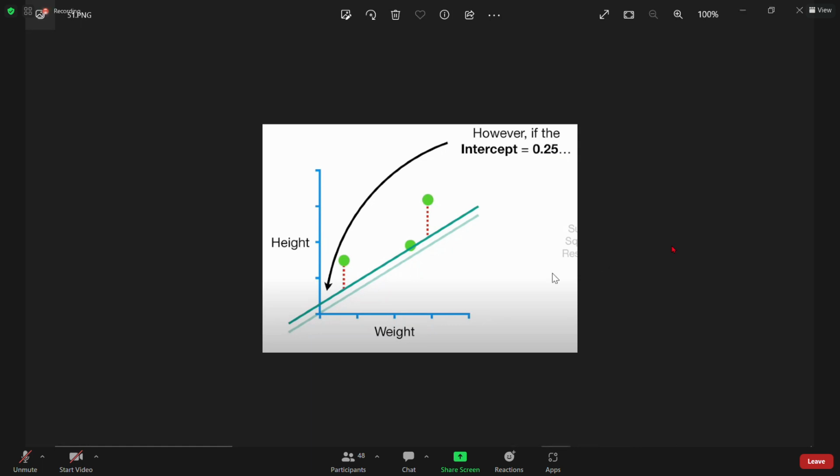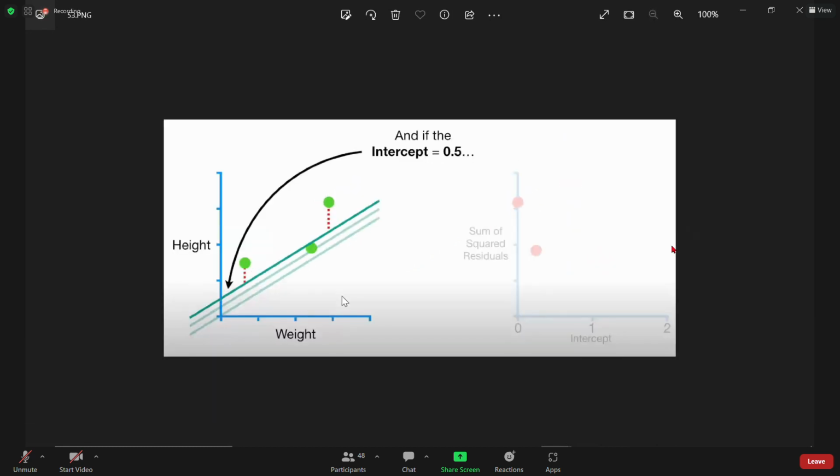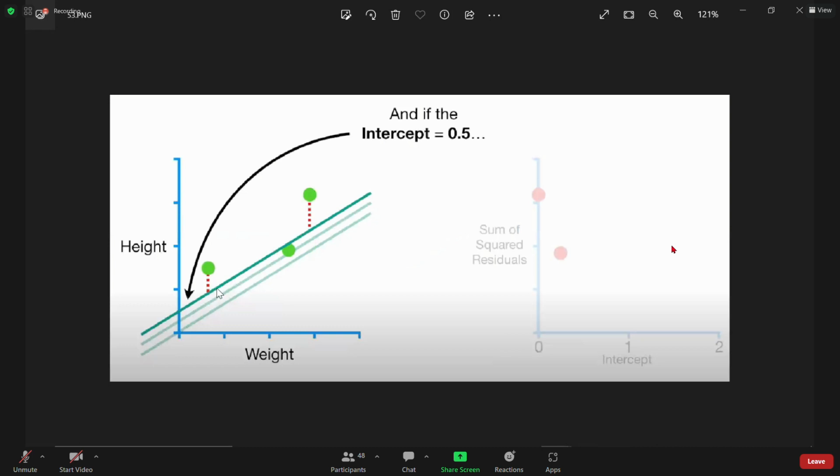Just go to the next one. Here, do we get another cost function? Because the intercept has changed. Now, second one, if I add another line, I keep on increasing the intercept.